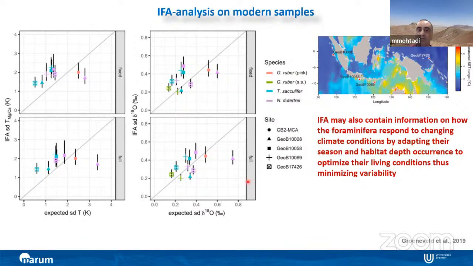So not a one-to-one, that would be this line, change in the different parameters, if you look at the magnesium to calcium ratio or the delta O18, as it should be expected. There are some sites that are completely off and some species that are completely off. And the inference was that basically the foraminifera adapt their habitats and seasonality to changing climate in part, and kind of do not reflect climate conditions one-to-one.